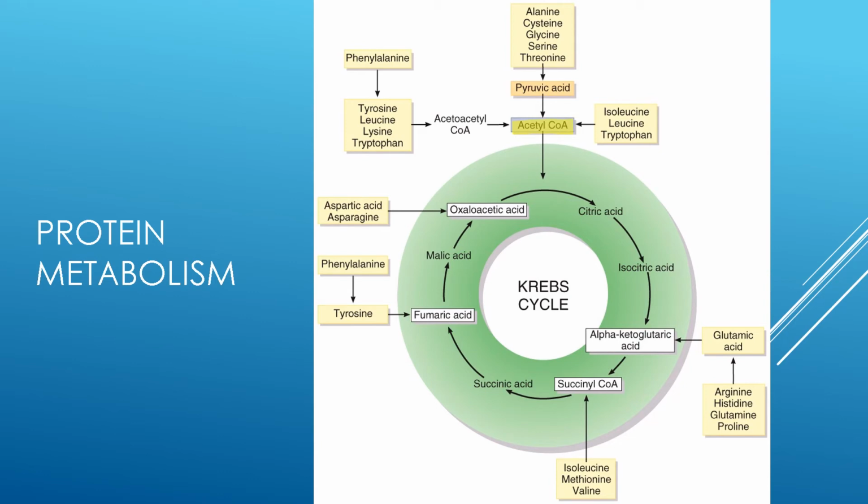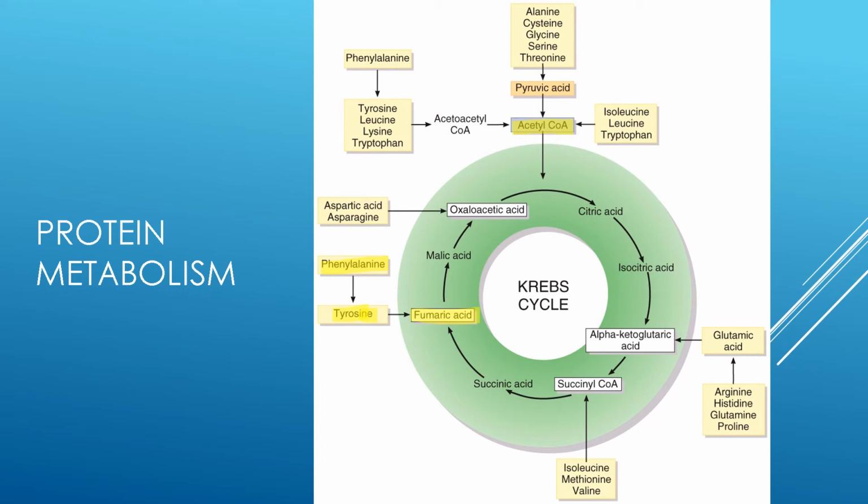So in these little yellow boxes, we have the 20 amino acids that we have in our body. Things like phenylalanine can be converted into tyrosine, which is another amino acid, and tyrosine can be converted into fumaric acid, which is an intermediate of the Krebs cycle, so it can enter in that way.